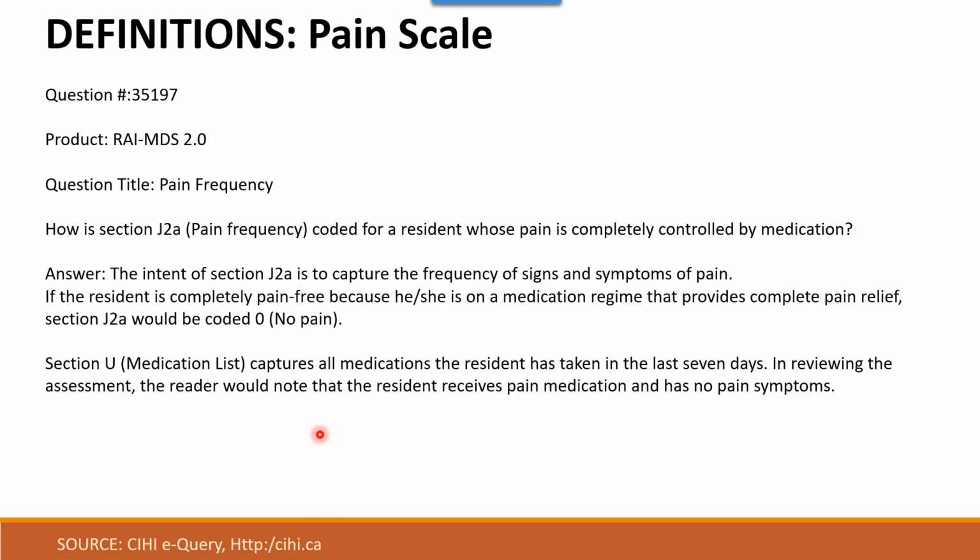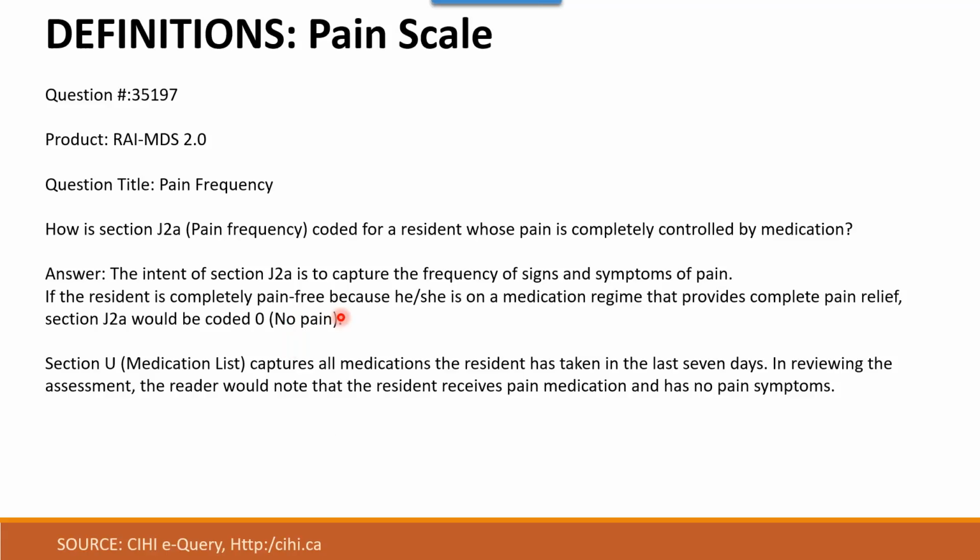If the resident is completely pain-free because they're on a medication regime that provides complete pain relief, you would code no pain. All right, so again, if the person was asked during the observation window, which is very important, and at no time during that observation window did they experience pain.